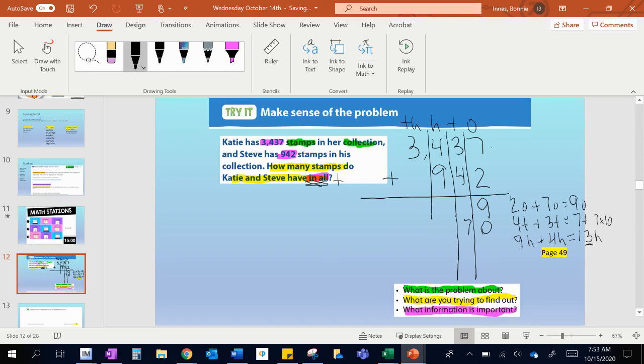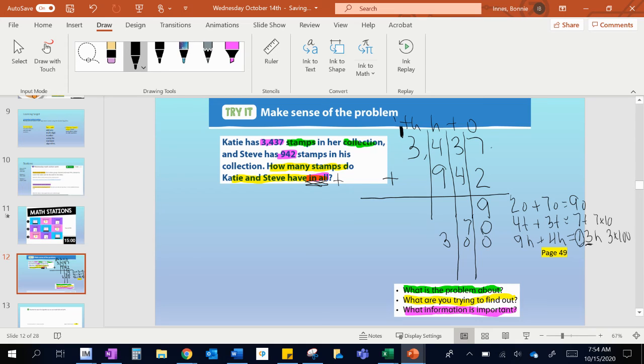So I need to underline that 3 because I'm going to keep that, and I'm going to circle this 1 because that's going to move over to the next place value, because when I have 10 of something, it's going to go over to the next place value spot. And I'm in the hundreds now. I'm going to put a line above the 1. That's a 1. That makes one group of 1,000 for my 10 hundreds. And I'm going to write 3. So I have 3 times 100 here. So I'm going to write 300 here.